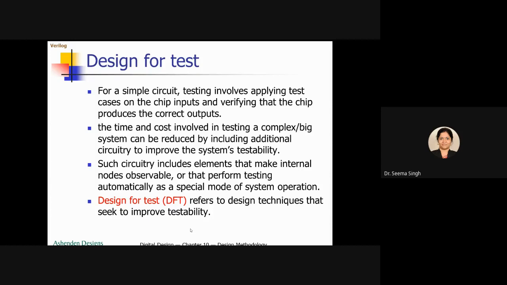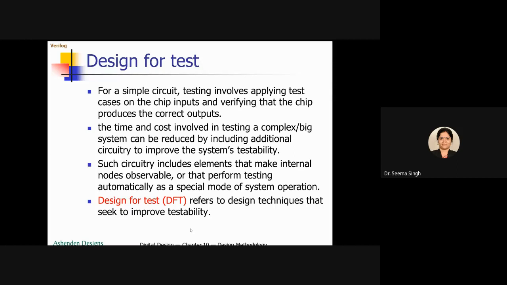When we are talking about design for test, we make special internal nodes, and those nodes will be able to test the intermediate signals. When you have a system, it has inputs and outputs. It is not that you only have to access the input and output to test a system. You are supposed to access intermediate signals also.